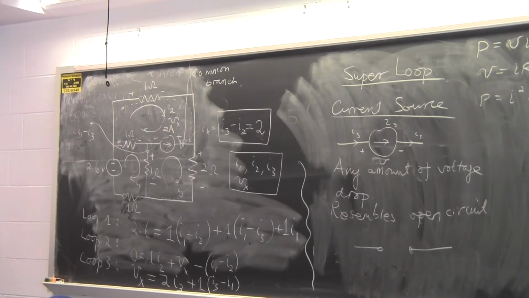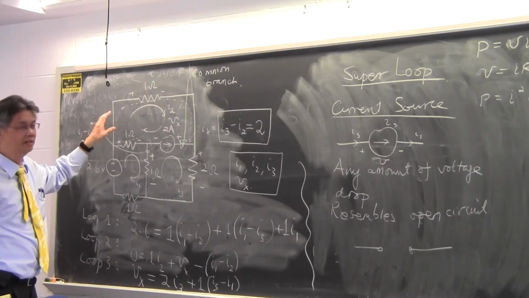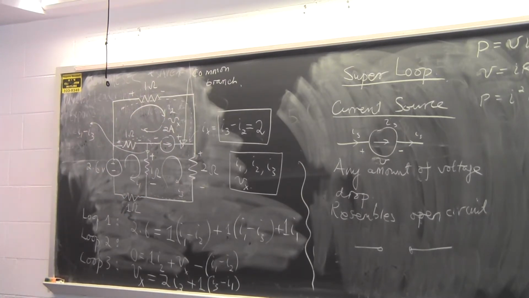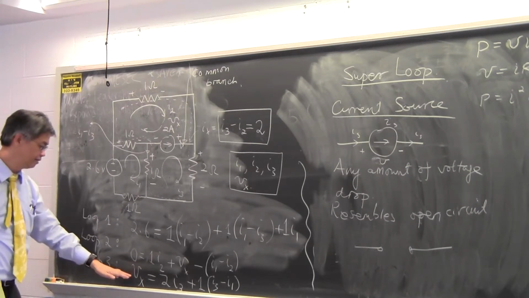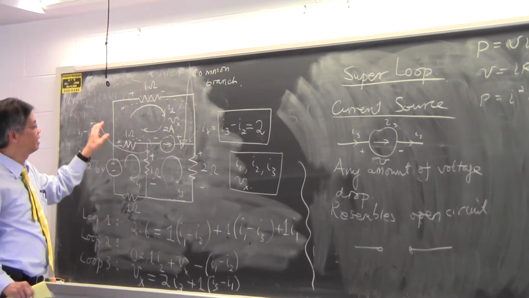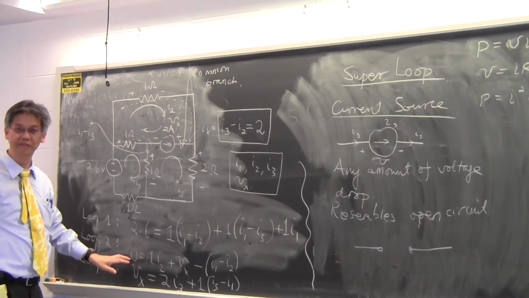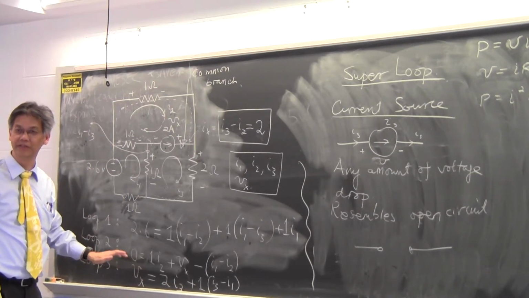Yes? So instead of doing loop 2 and loop 3, could we have just done one big loop? You could have done one big loop, okay, if you want to. You could have written KVL for this one big loop. And in fact, if you substitute this equation into that equation and write the KVL for the large loop, you get that equation immediately, which is a combination of these two equations.